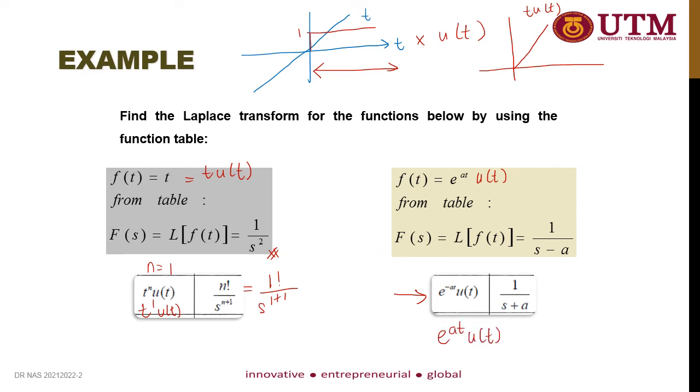So the exponent in the table, minus a, corresponds to your a. From the table, e^(-at) u(t) is given by 1 divided by s plus a. So your a in this case is negative a. That's why F(s) equals 1 divided by s minus a.